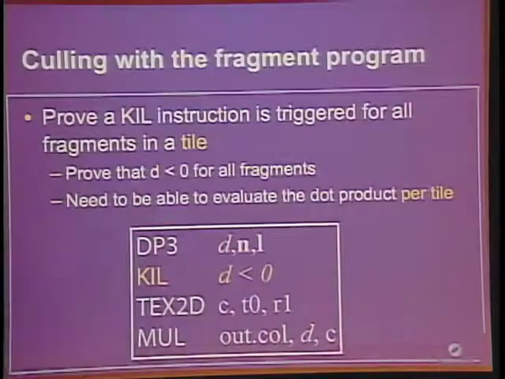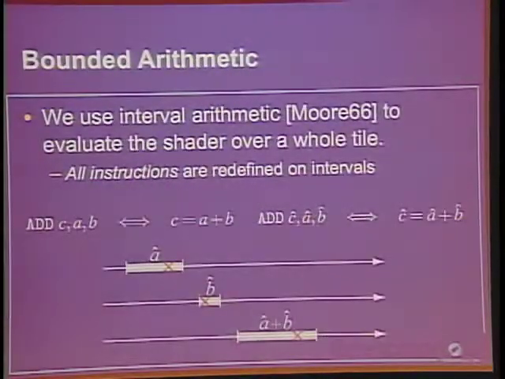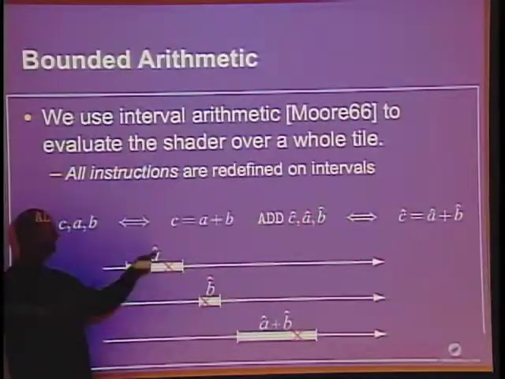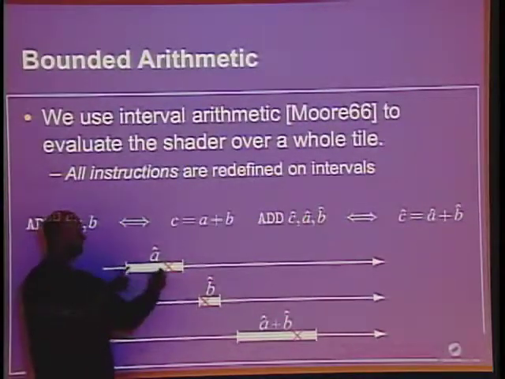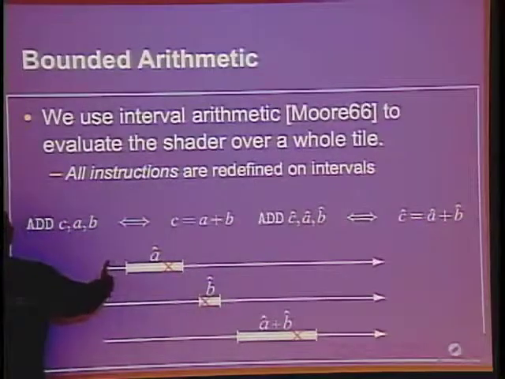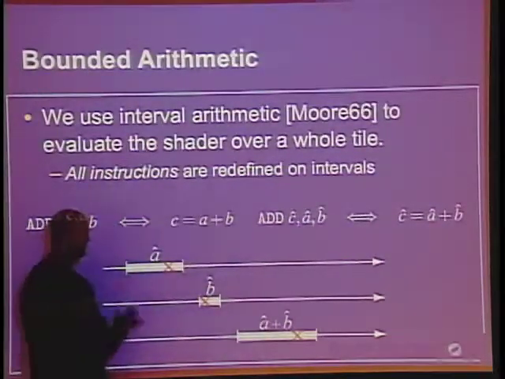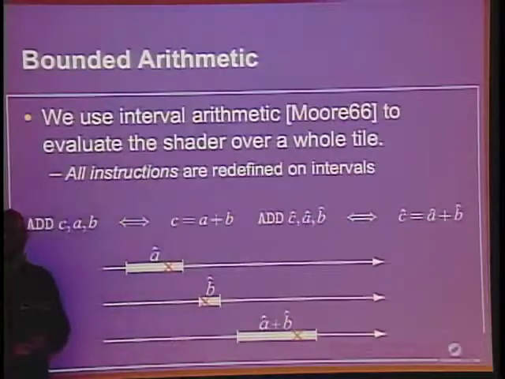So they did something really smart. They used what they called bounded arithmetic. For a given tile, instead of just having a single value for the normal vector, or the light vector, or this A vector, they recorded the entire span of values in that tile. Every possible value that's in that tile. And they have this other value here, and they need to add them together. So they use what they call interval arithmetic to do this.